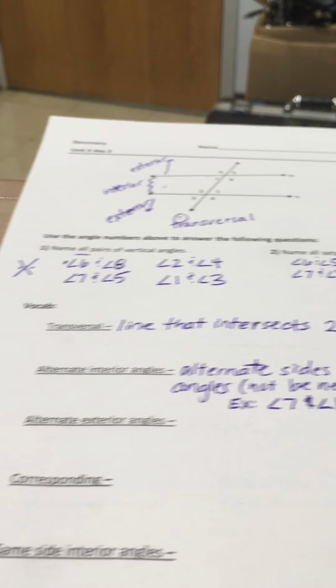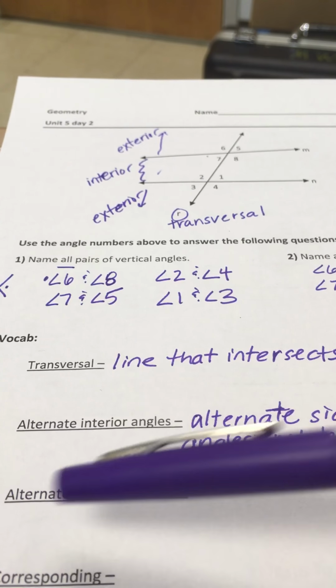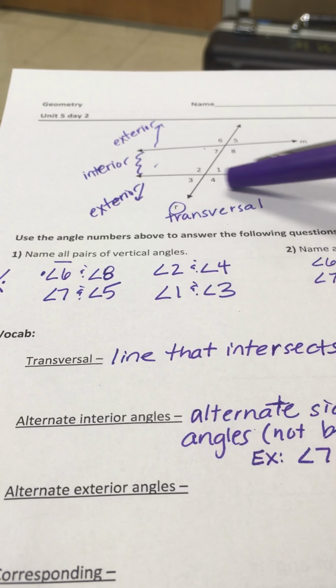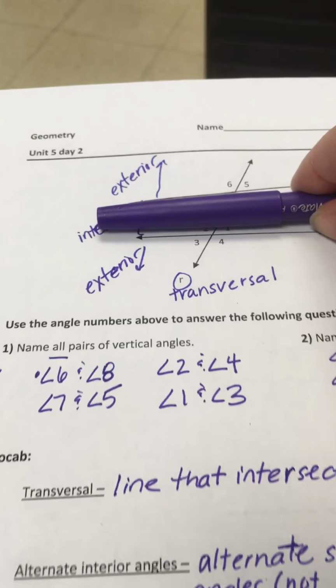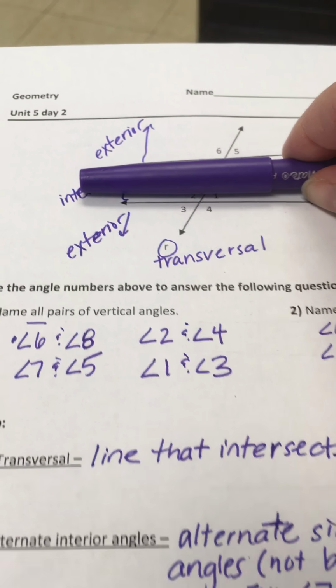Now, the same thing happens again on the alternate exterior, except we're alternating, jumping over the transversal. We're not going to next door neighbors, so it cannot be 3 and 4. But we're only comparing the exterior parts of the lines.